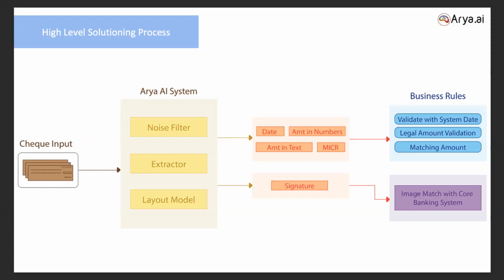So three particulars have to be matched: amount in words, amount in figures, and the presenting bank information. The other part is MICR, which we just have to extract, and MICR is also given by the presenting bank. So those two have to be matched, and then the other part is signature.